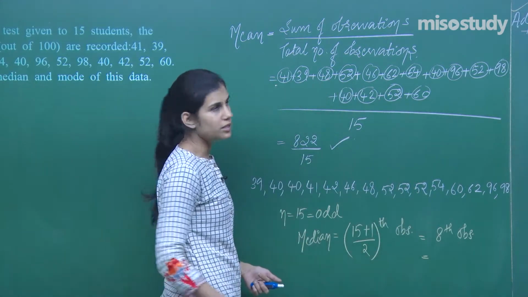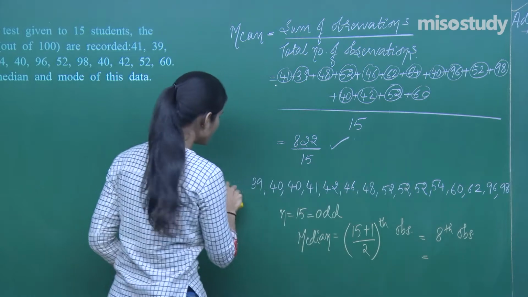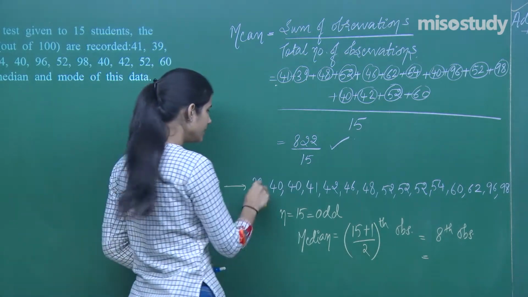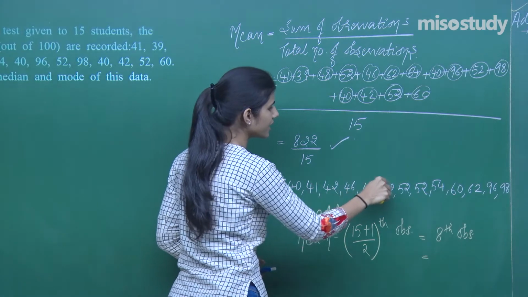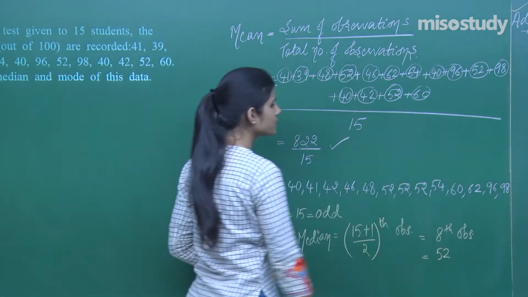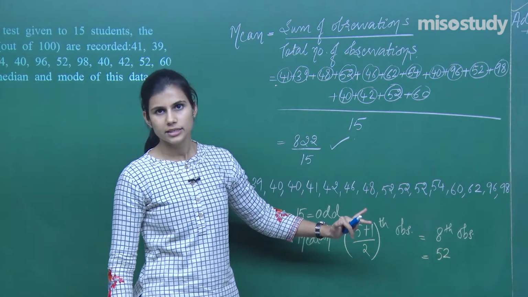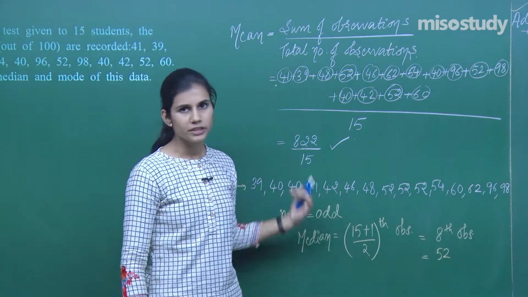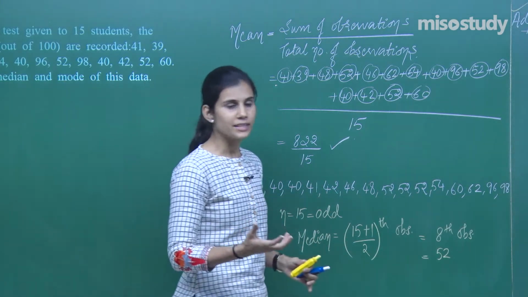Here you are going to look at the data arranged in ascending form, first, second, third, fourth, fifth, sixth, seventh and 8th. The 8th observation is 52. It is this observation which divides the data into 2 equal parts. The number of values below 52 is the same as the number of values above 52.